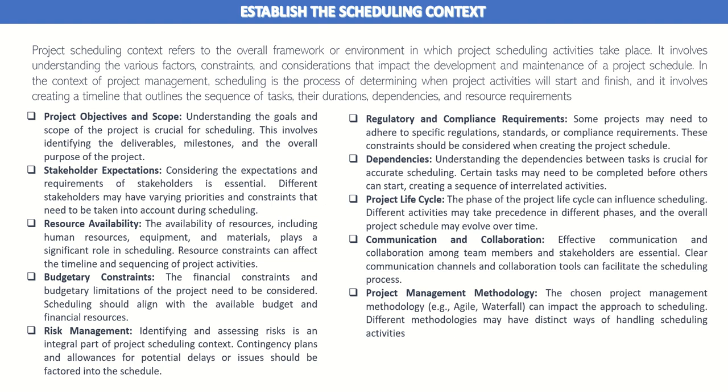So what are those? Just quickly look through these items. First, understanding your project objectives and scope. Without knowing your scope or your project objectives, you can't create a good schedule, or a realistic schedule. Stakeholder expectations are very important.